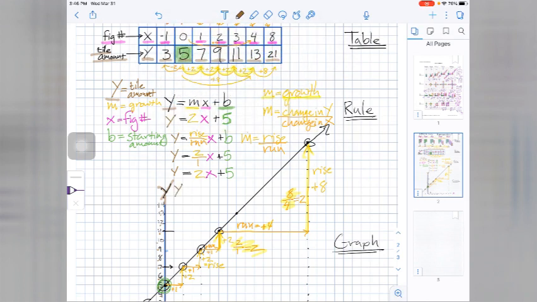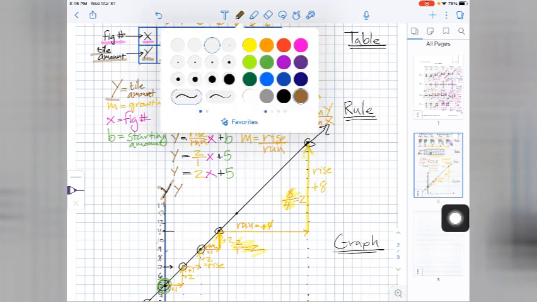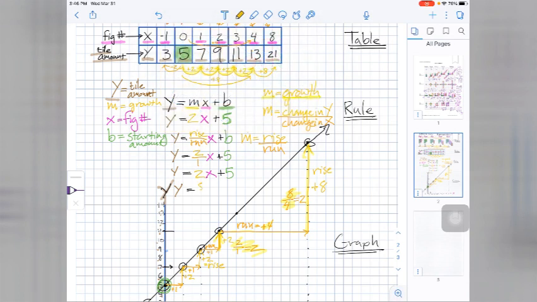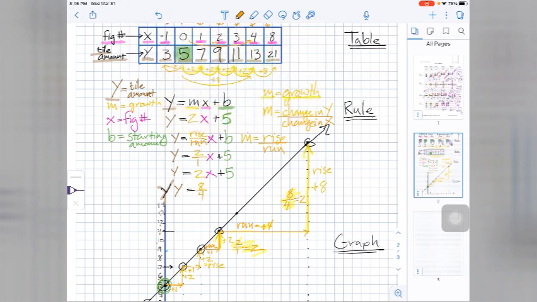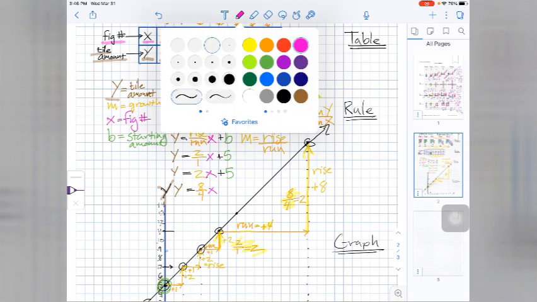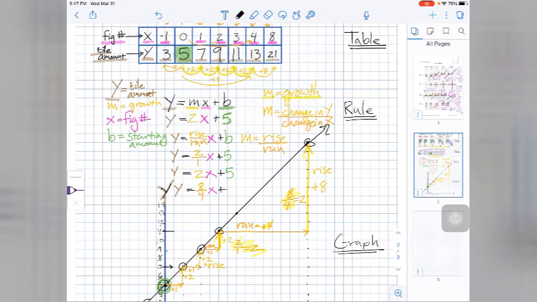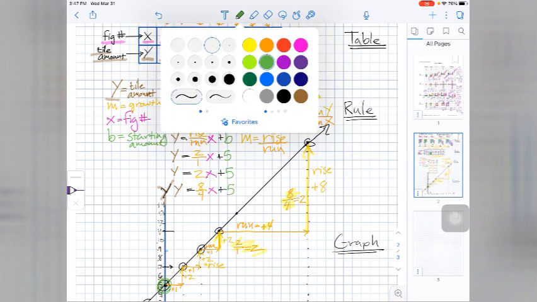But I could do it again, and I could use my other set of data. What if I didn't have any of this information, and all I had was this dot here and this dot here, and none of the other dots? I could go, well, I also know that when the rise is 8, I would make the rise 8, and then divide by the run, which is 4, times x, and then plus the starting amount, which is still 5.